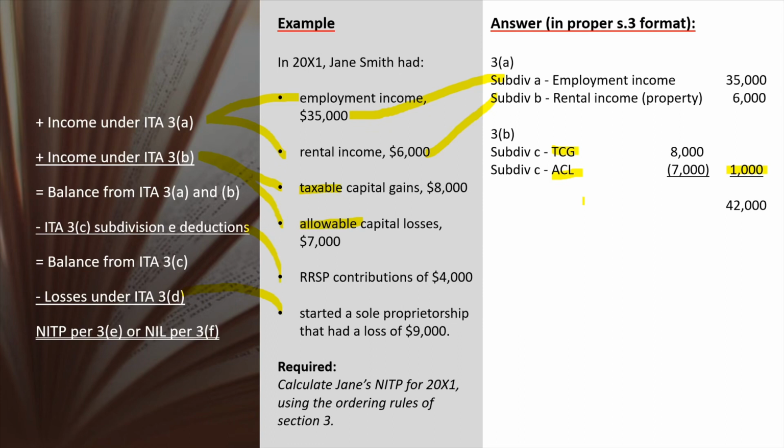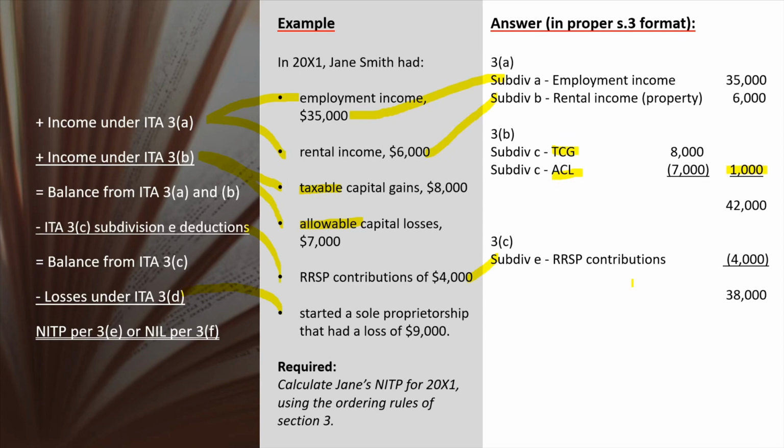Then we are supposed to subtotal all of that, right? 3C told us to take the total of 3A, 35,000 plus 6,000, and the total of 3B, which was 1,000, and add it all together. Then by how much does that subtotal exceed any subdivision E deductions? We had the RRSP contribution of 4,000. So it exceeded it, and we have 38,000 left over.